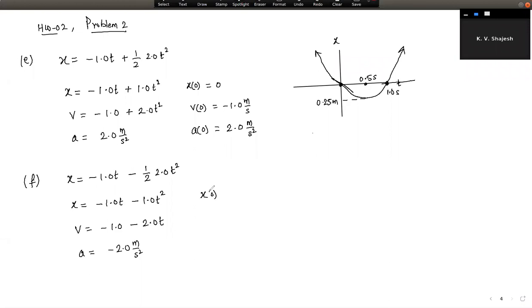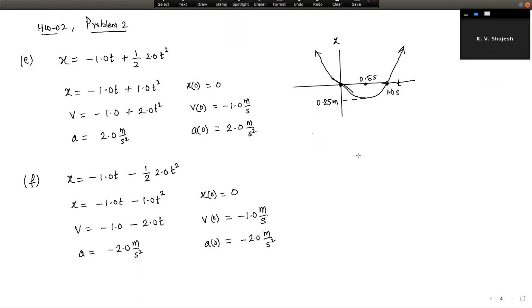At time t equal to 0, it helps in plotting. Velocity at time t equal to 0 is minus 1.0 meters per second, and acceleration at time t equal to 0 is minus 2.0 meters per second squared.